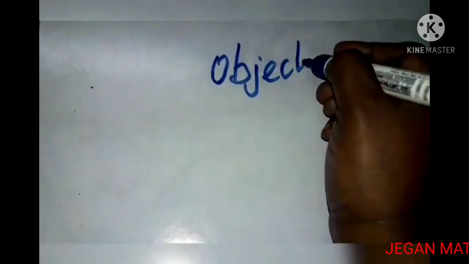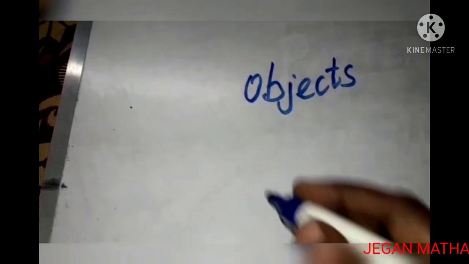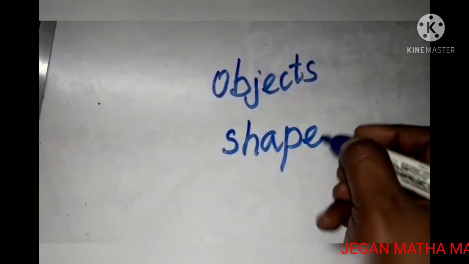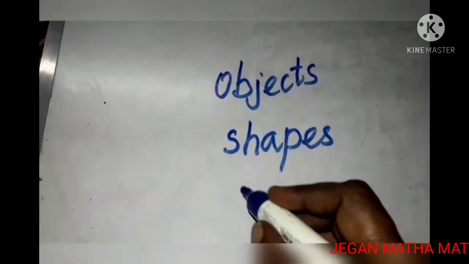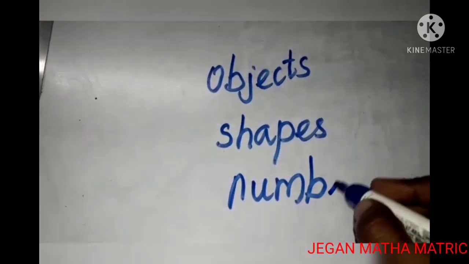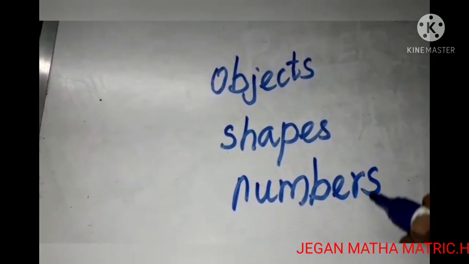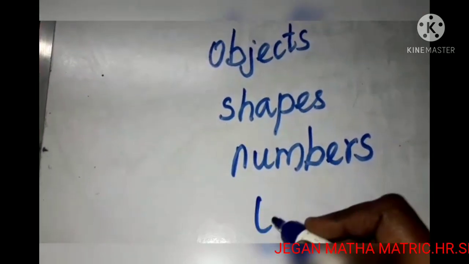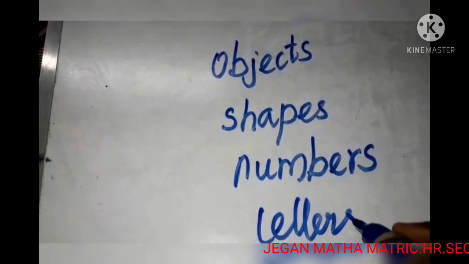First one is objects, then second one shapes, third one numbers, and fourth one letters.